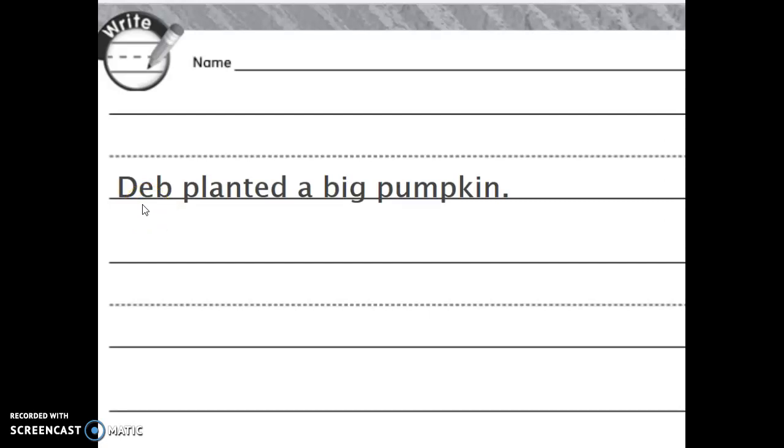Here I wrote, Deb planted a big pumpkin. Big is my adjective that I use to describe the pumpkin.